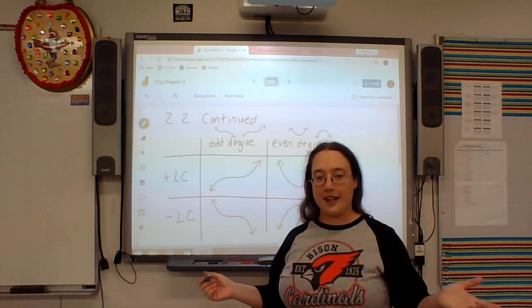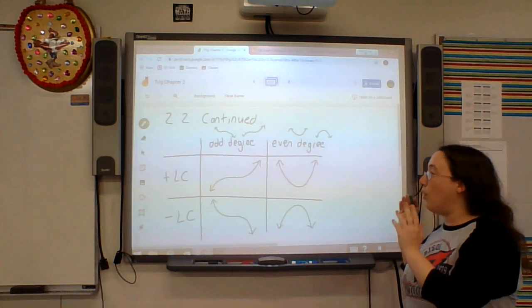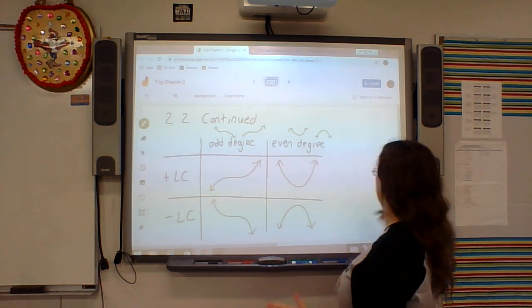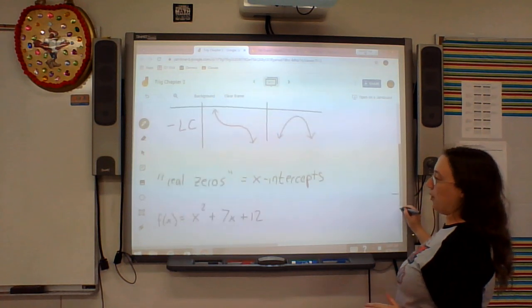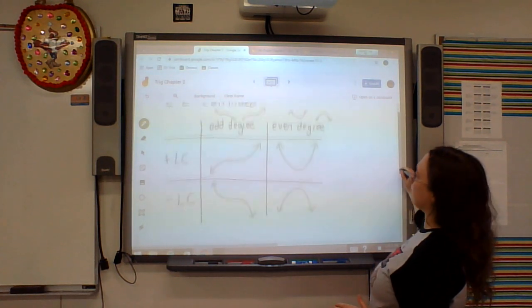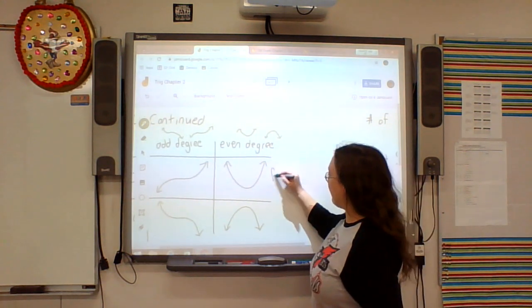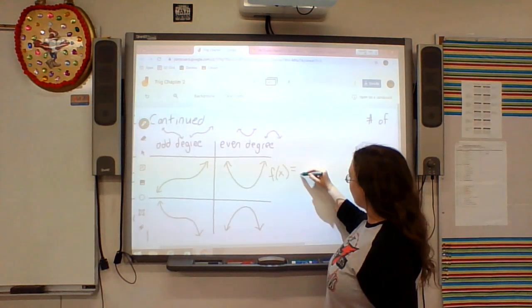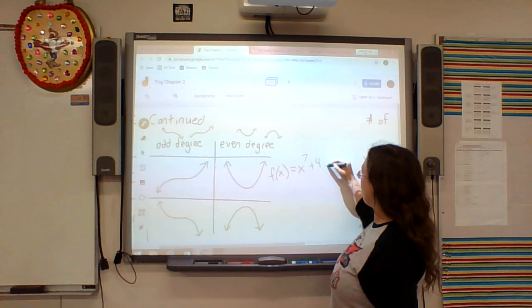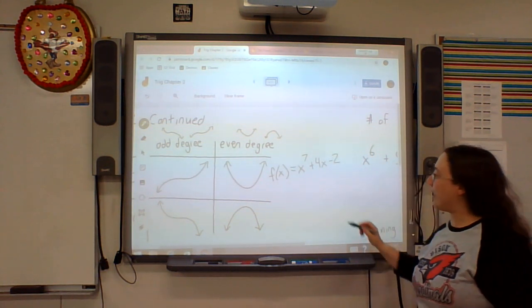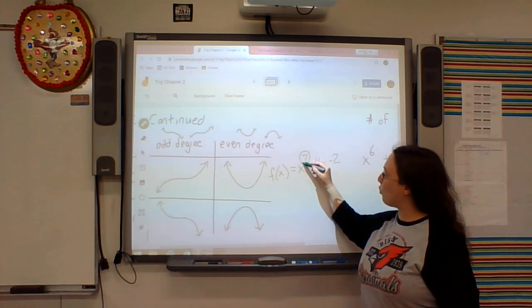Now, the nice thing about this is we can figure out what our end behavior is going to look like without even having to graph our function. So if I've got a polynomial that looks, say, like this, then without even graphing anything, I know it's an odd degree.